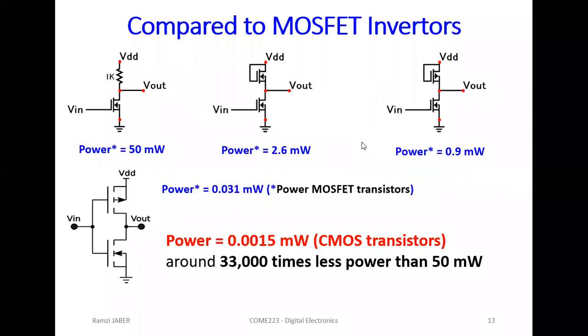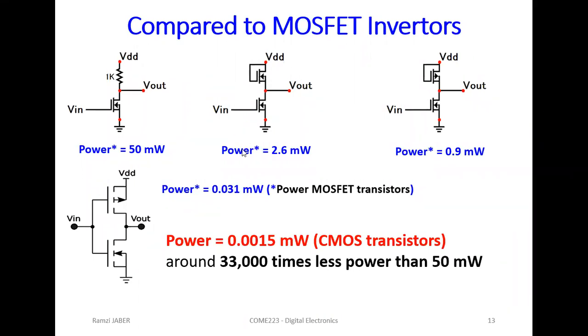Now, the comparison of MOSFET inverters. Before, in our old lecture, we have MOSFET transistor model 1 with resistor. The power will be 50 milliwatt. This is inverter number 1. This is inverter number 2. We replace this resistor by an NMOSFET diode connected transistor, acting like a resistor.